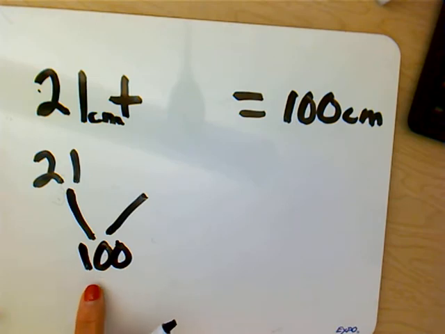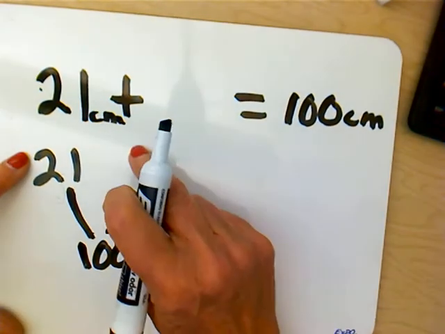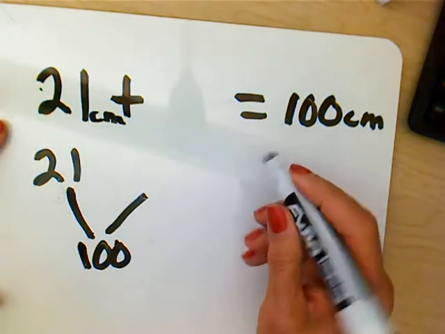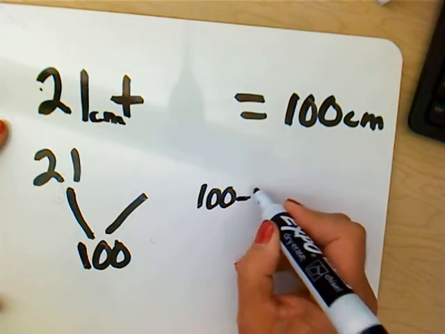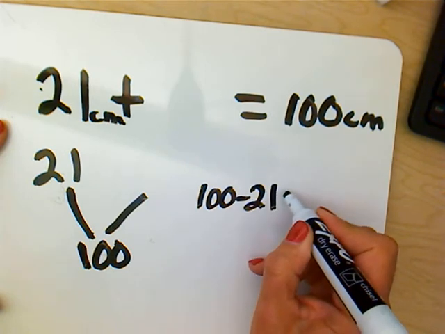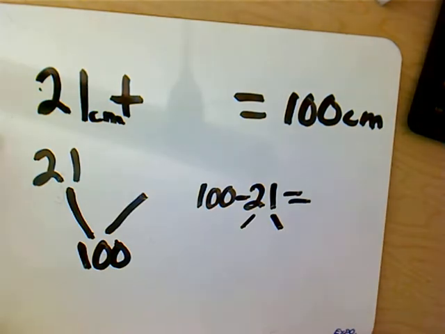So I want you to think in terms of, if I do 100 take away 21, I'll find out what the other portion of my number bond is. So 100 take away 21 equals, well, I know that I'm going to break this apart into something that's a little easier for me to work with.